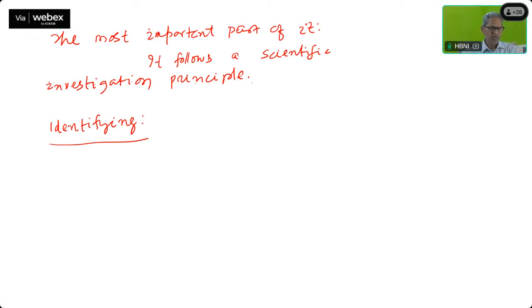In all cases, you have to identify your topic. So identification is the first ingredient of research methodology: identify your topic of research.